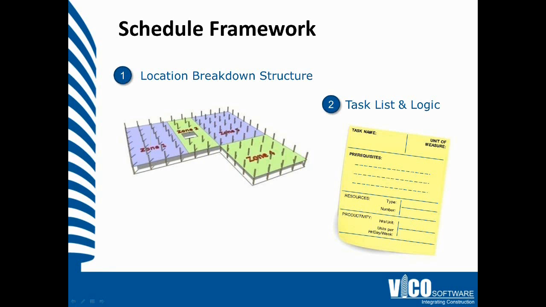For example, inconsistent logic, let's say, where 9 out of 10 relationships have one type of logic, let's say finish to start, and then there's one unique location that has, let's say, a start-to-start relationship as opposed to finish to start. We'll document those as well for review, because that could be designed into the schedule just as easily as it could have been a typo.